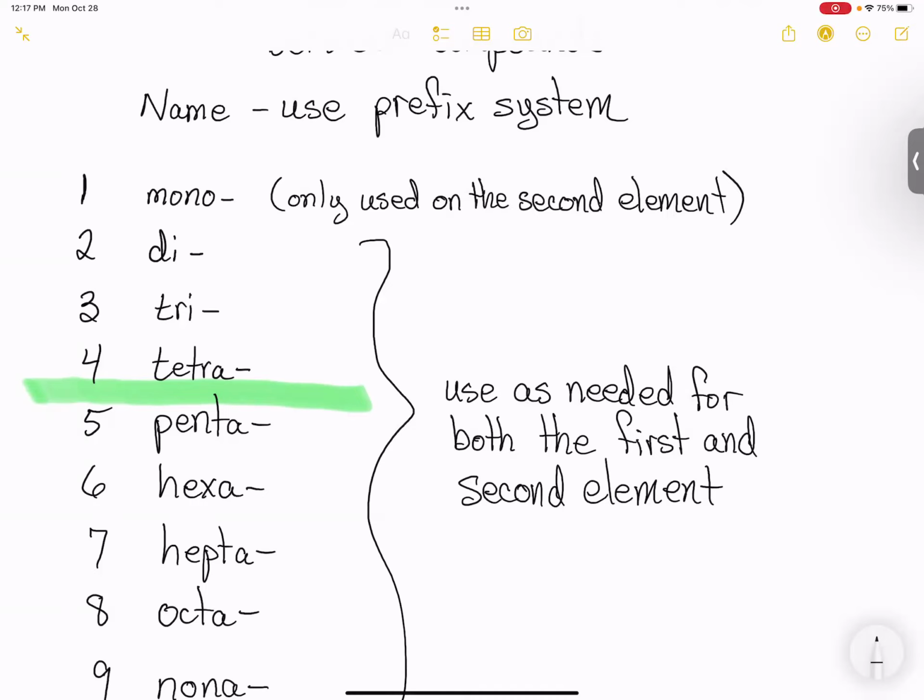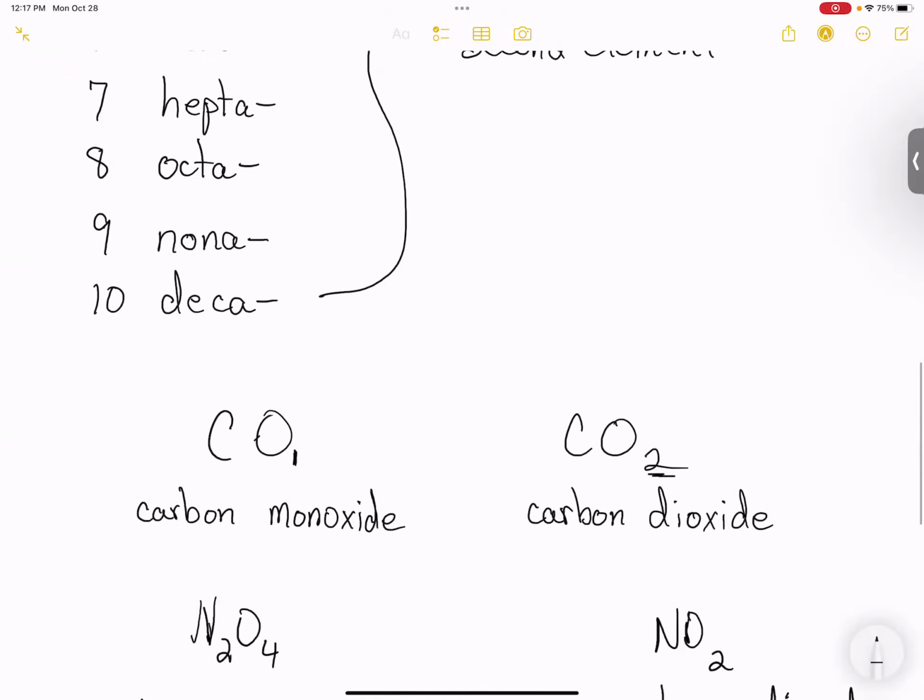And when we start naming compounds, we're literally stating what's going on. No prefix means 1. 1 carbon, 2 oxygen. You literally can read it. 1 carbon, 1 oxygen.